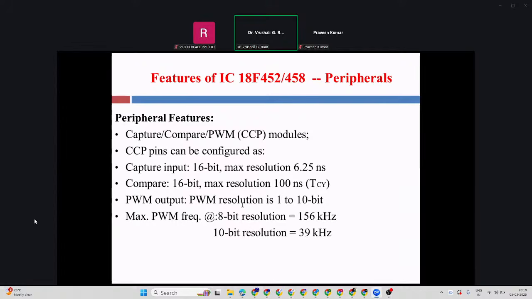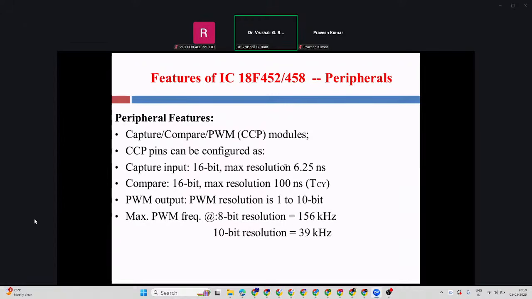PWM, what is it doing? Resolution is 1 to 10 bit. And the maximum PWM frequency, if you are going for 8 bits of resolution, is 156 kilohertz. And if you are going for 10 bits of resolution, it is 39 kilohertz. This we have to go into in detail whenever we go for the timer. But these are very important peripheral features which the PIC18F is dealing with.